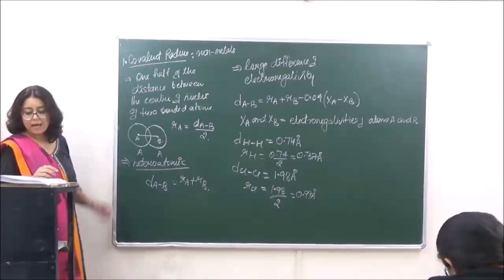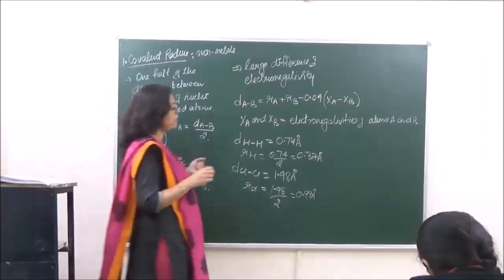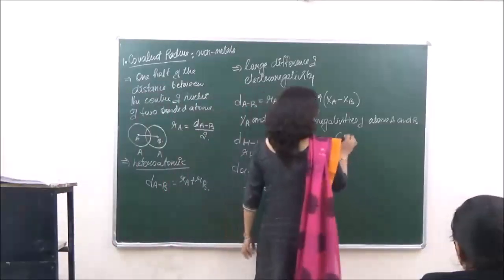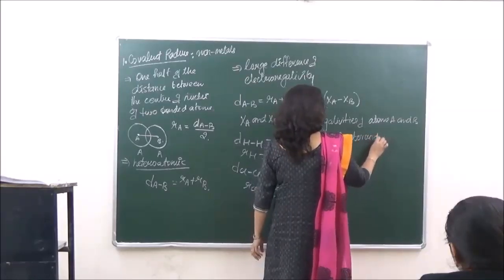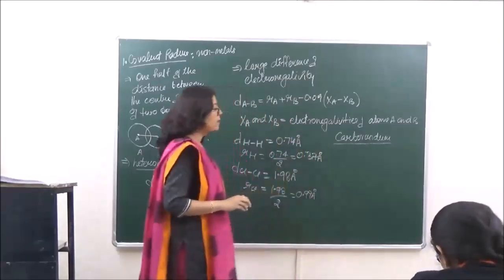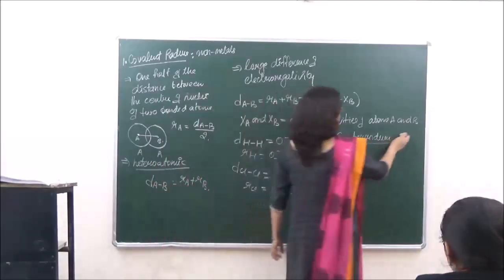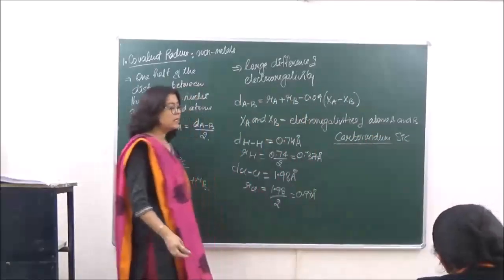Okay. Now let's take the example of a compound which is carborundum. Carborundum is basically a compound of silicon and carbon, silicon carbide.